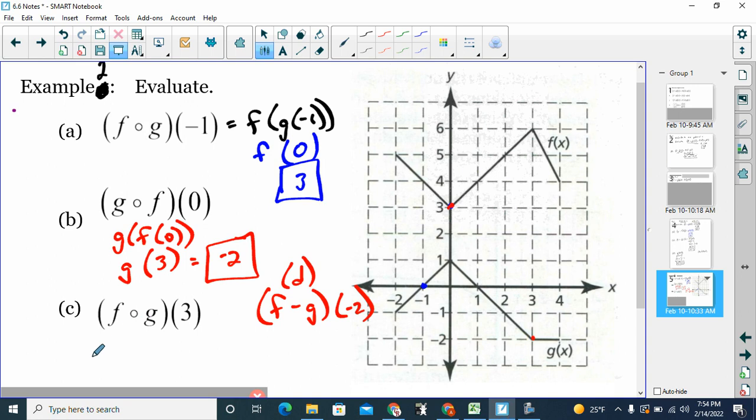For part C, f of g of 3, we need to start with g of 3. When x is 3, g of x is negative 2. So we need to evaluate f of negative 2. When x is negative 2, f of x is 5.